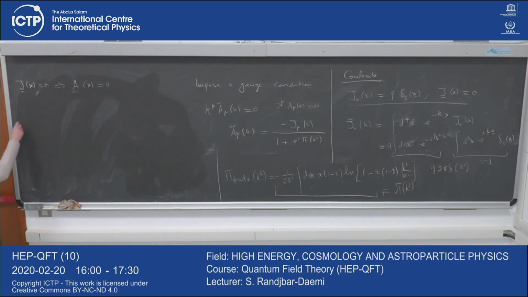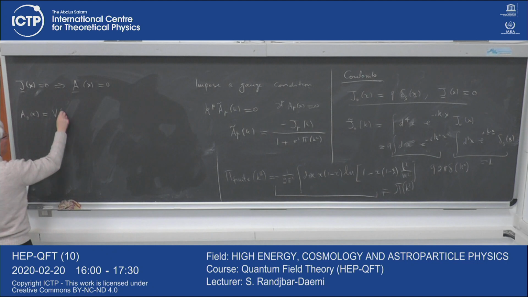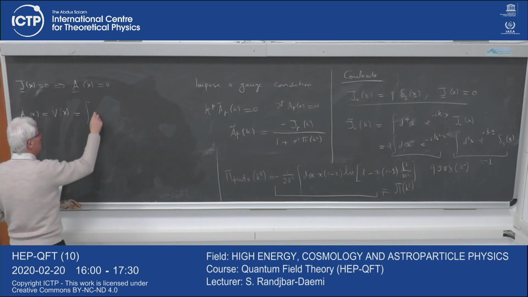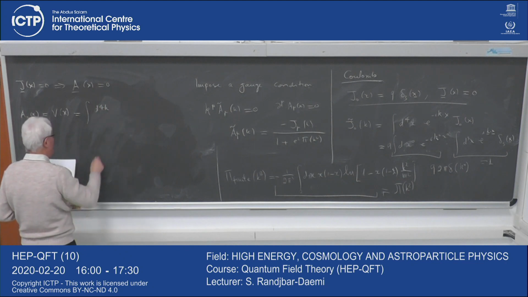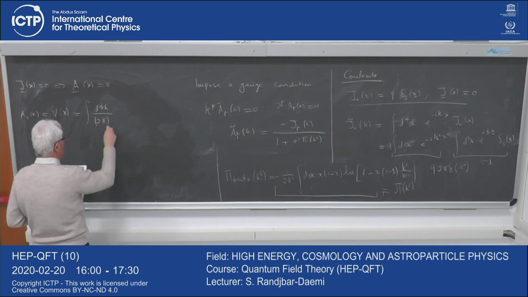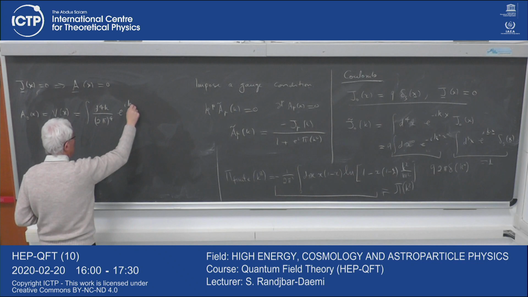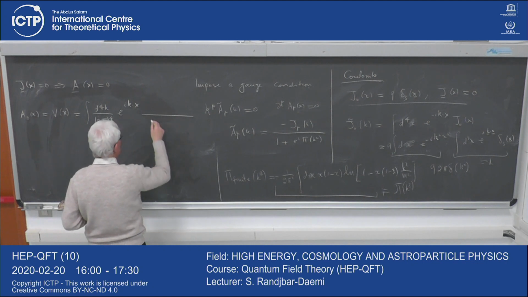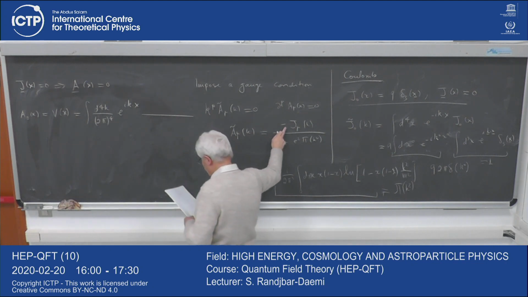The only thing which is non-zero is A0. And A0(x), I've called this V of x, and hopefully I have not changed my mind later on, is of course the Fourier transform of J0 with a minus sign in front.